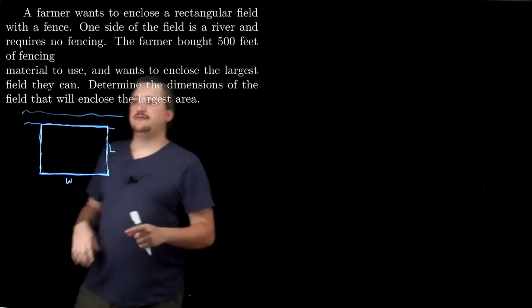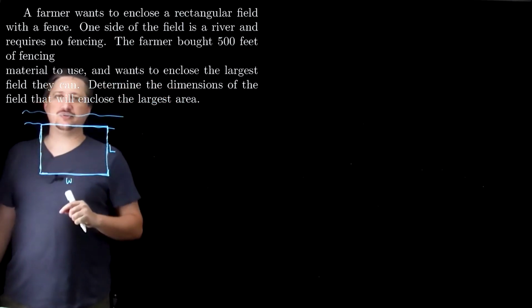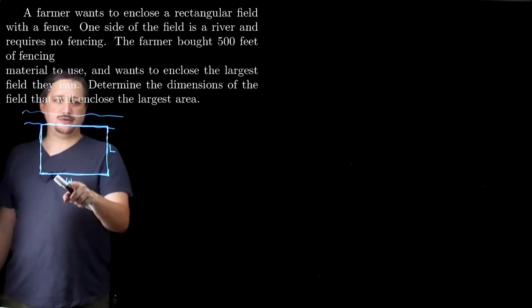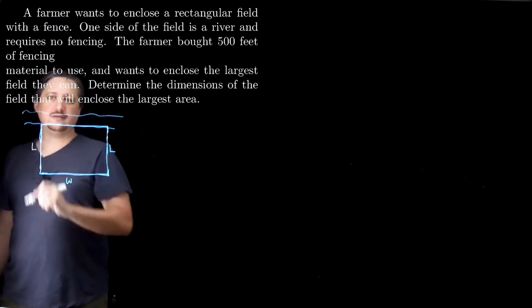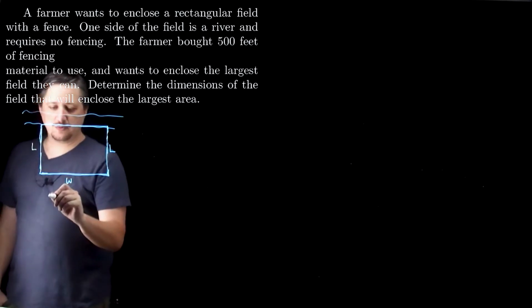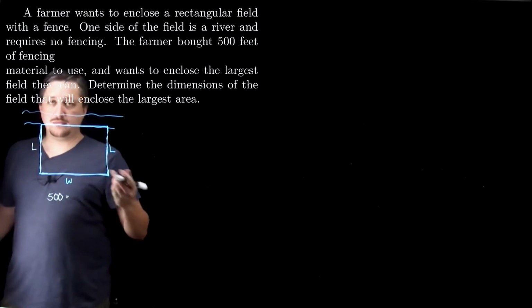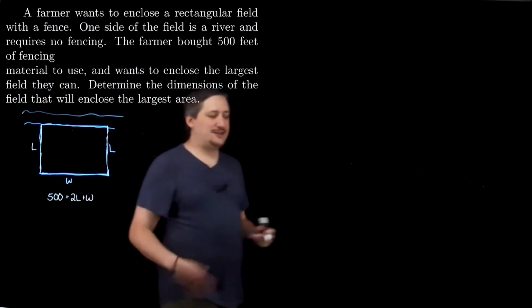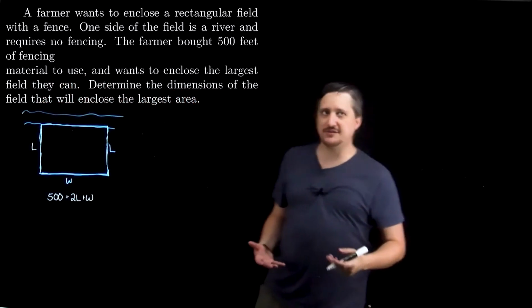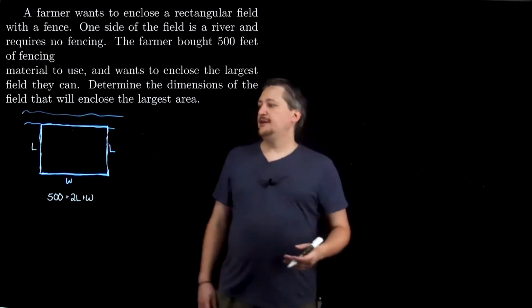So you have 500 feet of fencing to spend going along these three edges, which I've labeled L and W. And because it's a rectangle, we know this one over here is also an L, right? So assuming he uses it all, this is going to be 2L plus W, right? And of course, if he's trying to get the biggest area, he's going to use all of it, because otherwise he could have made it bigger and gotten more.